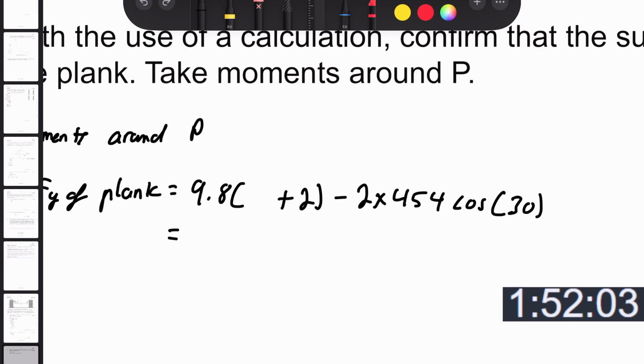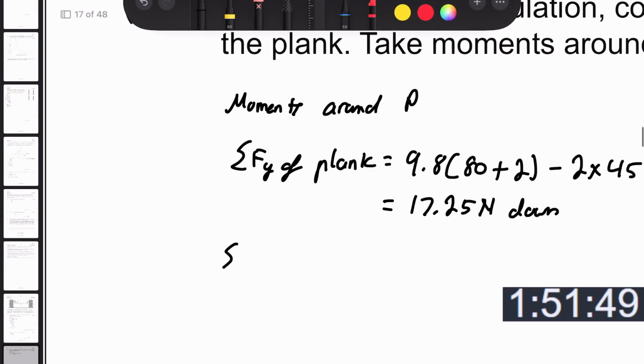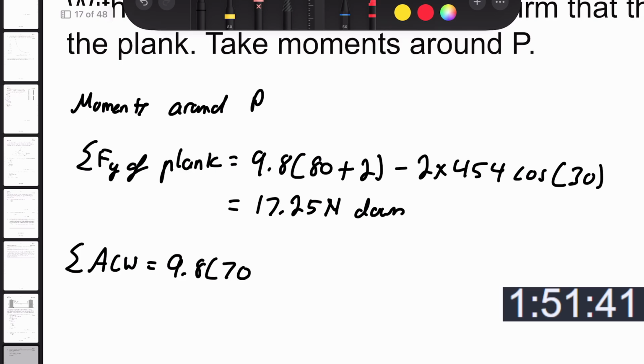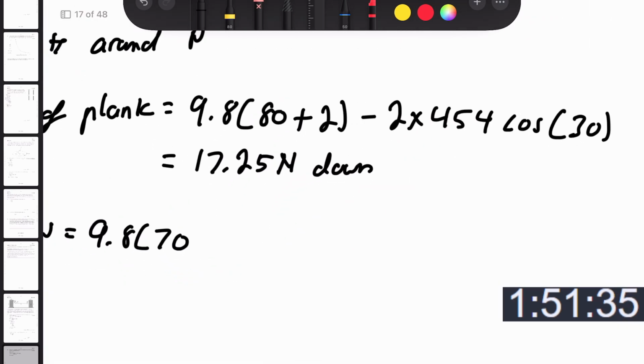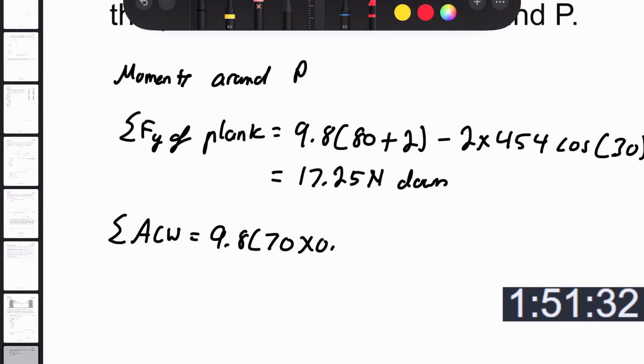Guys, I feel like I'm spending way too much time with this question. Wait, that's only 17.25 newtons down. Sum of the anti-clockwise is going to be equal to 9.8 of 70, so 274.4 newtons.